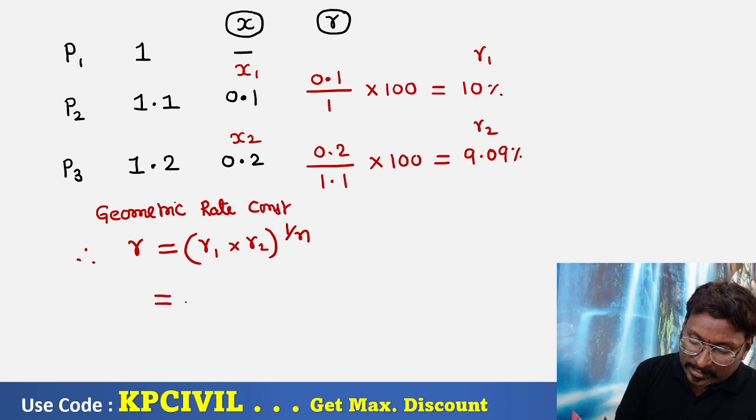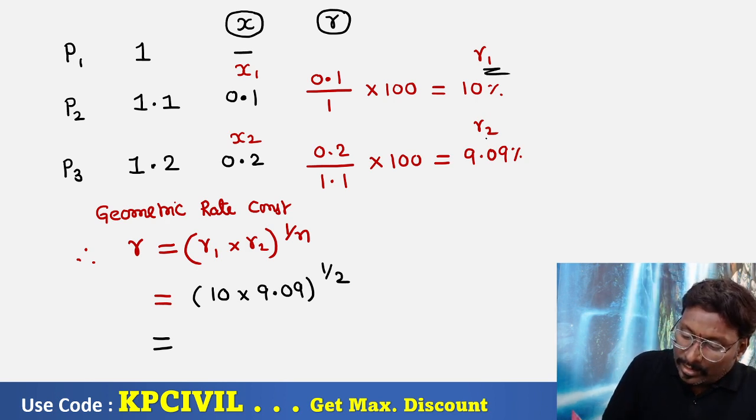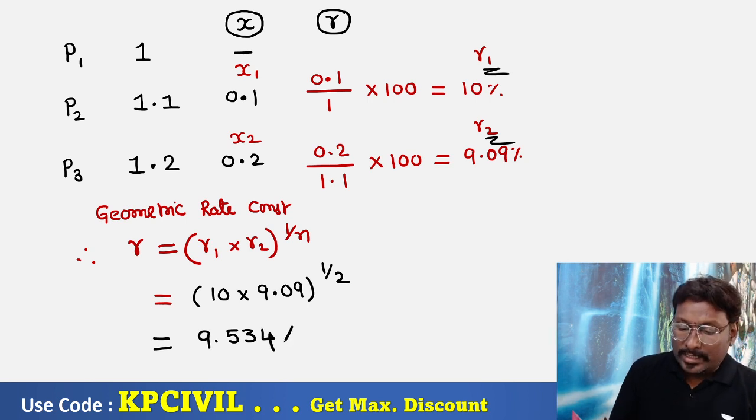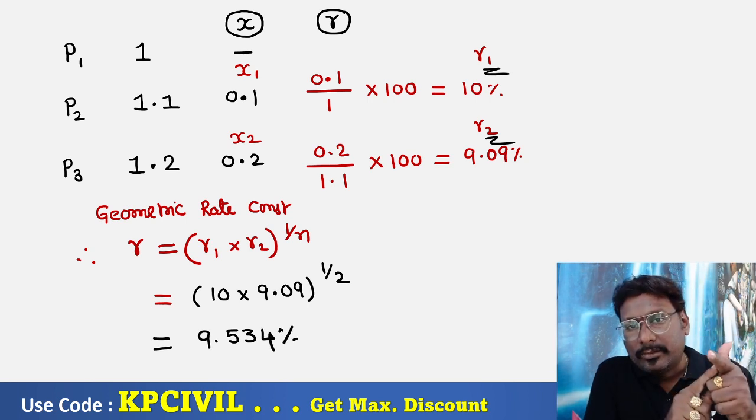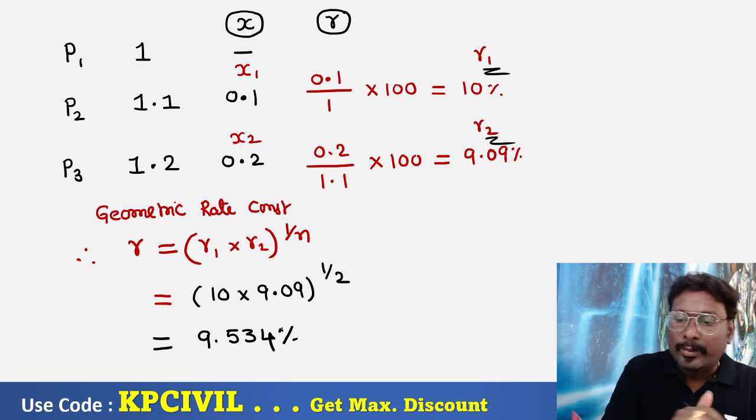So you can solve this: 10 into 9.09 whole power 1 by 2, which gives 9.534. So first you solve to get R1, R2 by taking X1 by P1 into 100 and X2 by P2 into 100. Then R1, R2 whole power 1 by 2 gives the R value 9.534.